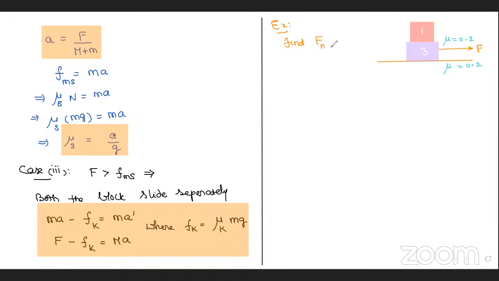Find F max, the maximum value of that force, so that the 1 kg block does not slide separately. Not sliding separately means it is not case 3.